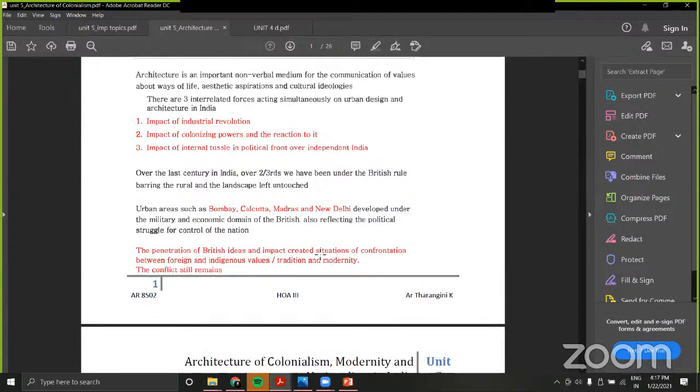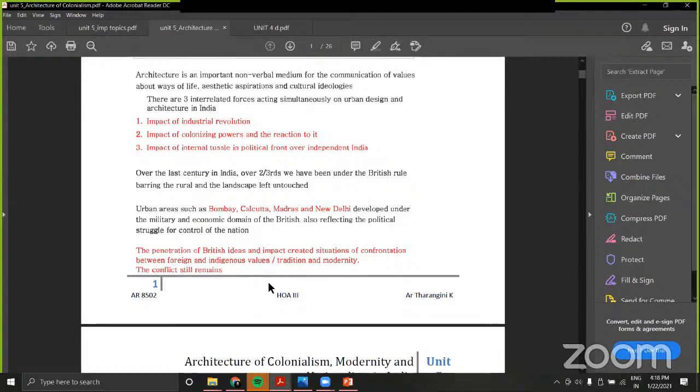Urban areas such as Bombay, Calcutta, Madras, and New Delhi developed under the military and economic domain of the British, also reflecting the political struggle for control of the nation. Bombay, Calcutta, Madras, and New Delhi became the iconic cities, since they became the most important capitals of India.